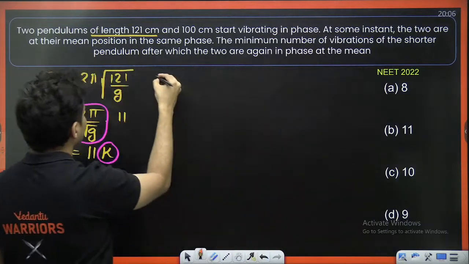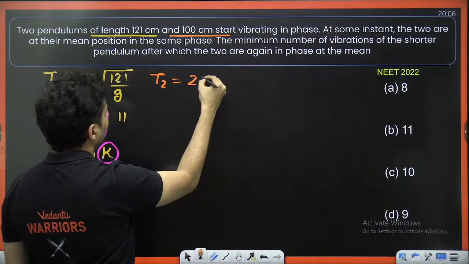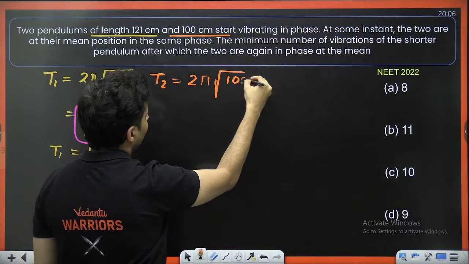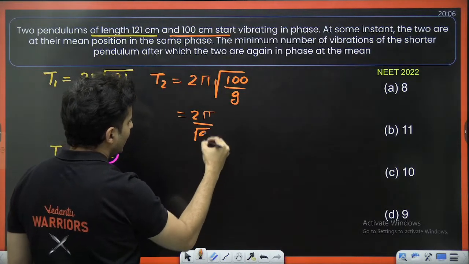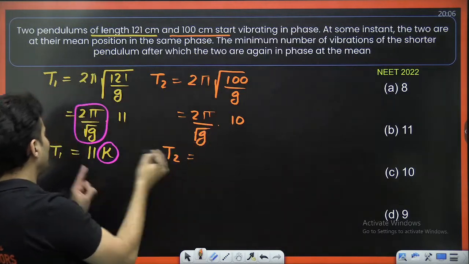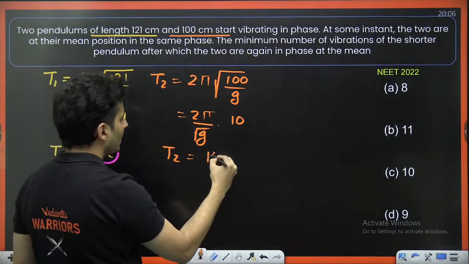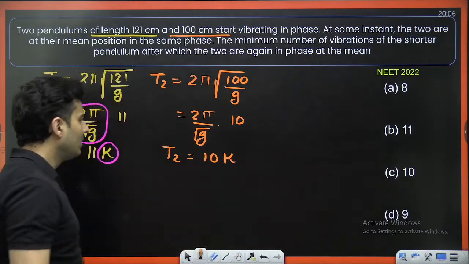Similarly, if you do the same math for the other one of 100 centimeter, it will be 2 pi root 100 by g. So 2 pi by root g as it is, into root 100, which is basically 10. So T2 will be, because 2 pi by root g is k, 10k.